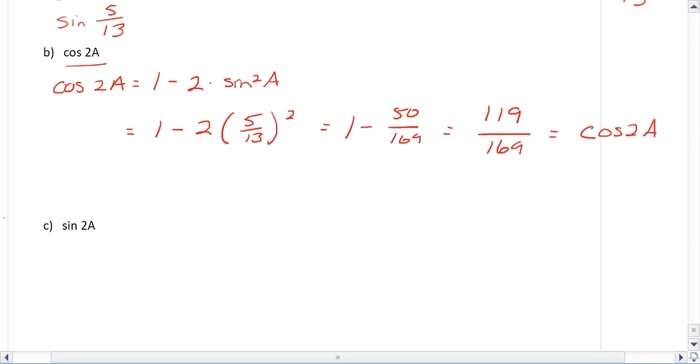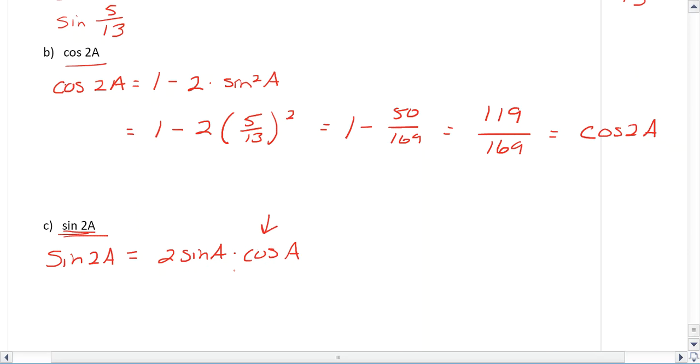Now they want us to find the sine of 2A. So that would involve that double angle identity that's written there to the right on your pink sheet. It says sine of 2, I'm just putting in A for alpha, equals 2 sine A times cosine A. Well, I want this, so I have the sine is 5/13, but I need to get this.